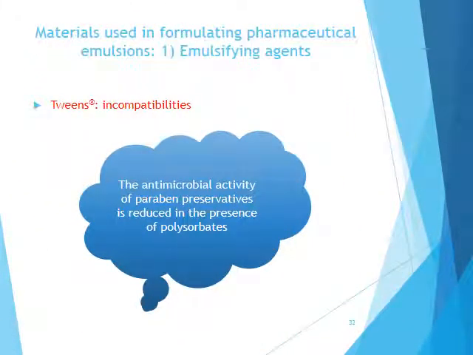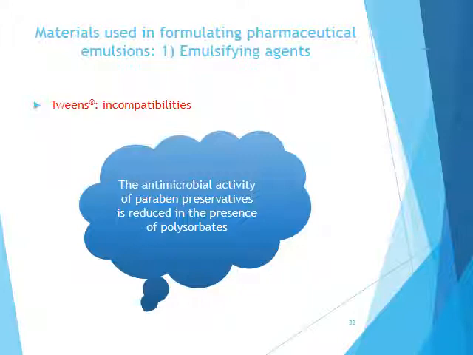Now the last thing related to the Tweens is the incompatibilities of Tweens. As I mentioned in the previous slide, Tweens are one of the most commonly used excipients in pharmaceutical formulation, so they have some incompatibilities. The first incompatibility is that the antimicrobial activity of paraben preservatives is reduced in the presence of polysorbates.